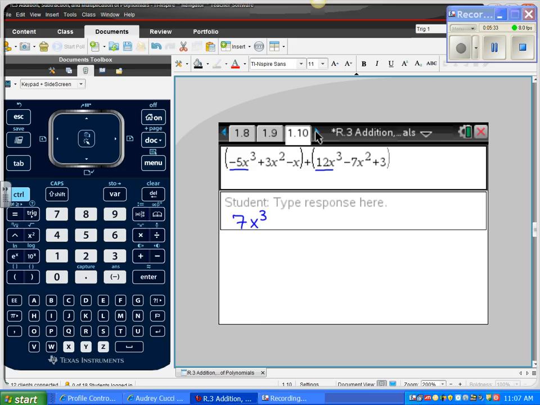Go on to the next one, 3x squared and negative 7x squared. Negative 4x squared. And then we have minus x, but no other x over here, so we're going to keep that. And then a plus 3, but no other constant, so we're going to keep that as well. So our sum is 7x cubed minus 4x squared minus x plus 3.